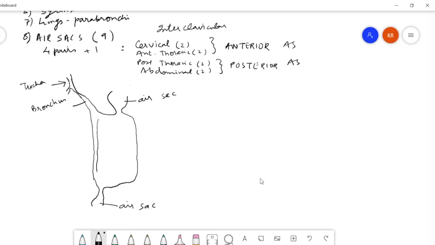Now this part of the bronchus continues on one side and then it gives off a number of branches. So we will show these branches in this way.